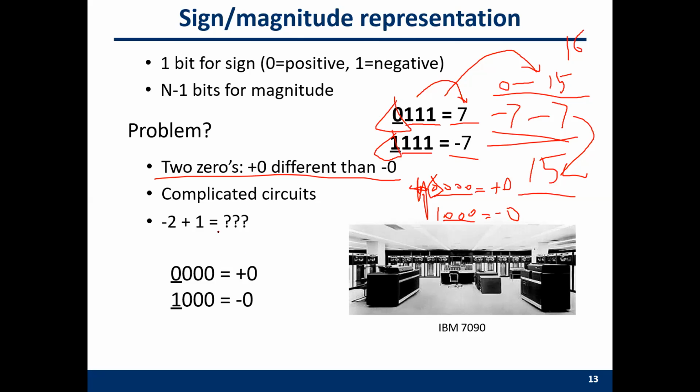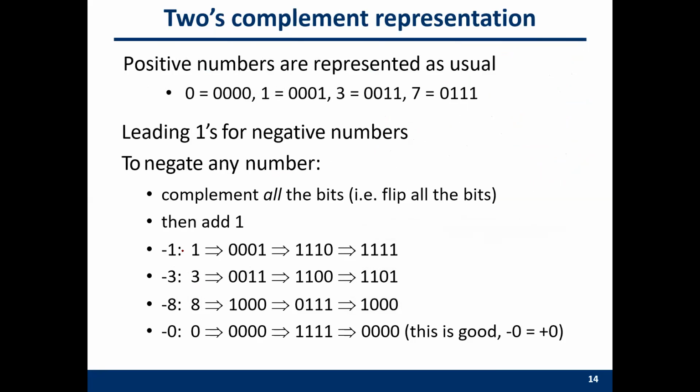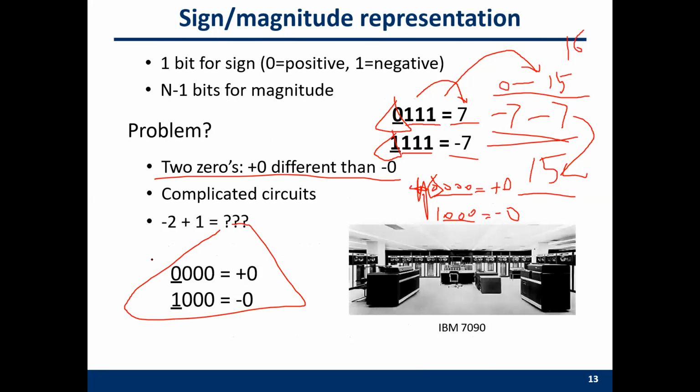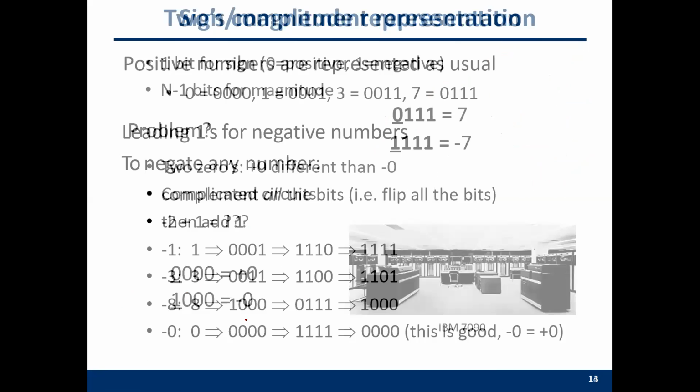So I talked about why we have 2 zeros here. A more advanced data encoding is the so-called two's complement representation. The two's complement representation can solve this problem, and make us have only 1 zero.